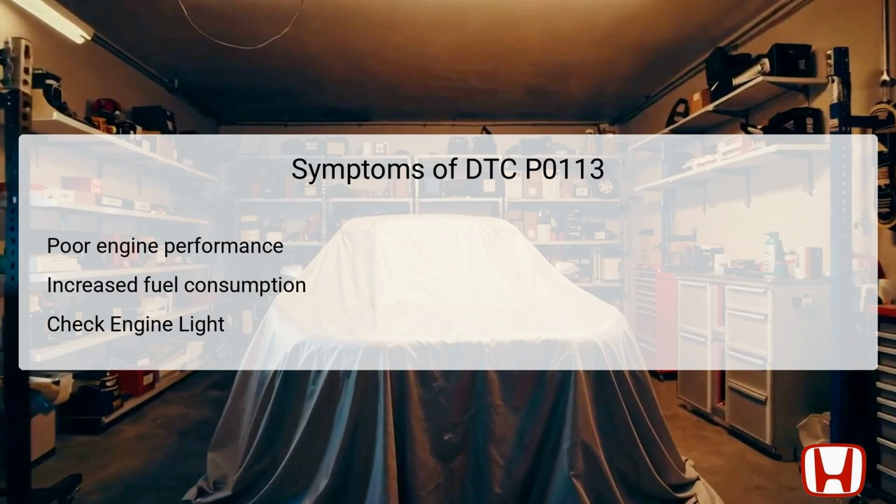In many cases, the check engine light, CEL, will illuminate on the dashboard, alerting the driver to a problem within the vehicle's engine management system. These symptoms not only affect the driving experience, but can also lead to more severe engine issues if not addressed promptly. Thus, it is crucial to respond quickly to these indicators and perform the necessary diagnostic steps outlined for DTC P0113.